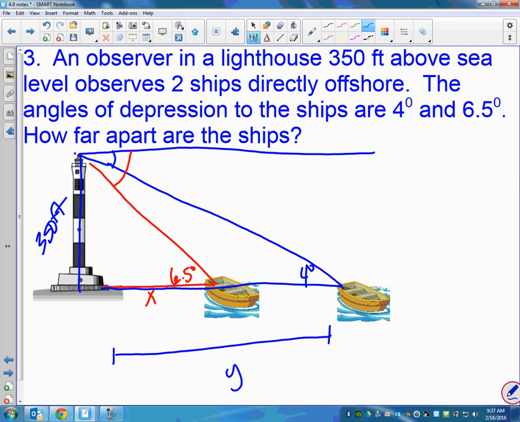And again, we're going to use tangent, so if you start setting that up and solving it, see if you can do that and get this value. I did a question just like this in a geometry book, except for two dolphins off a ship.